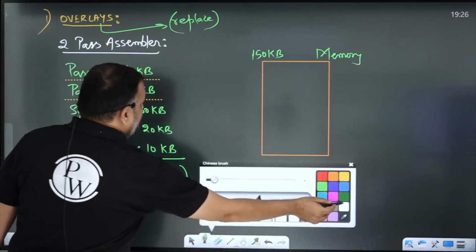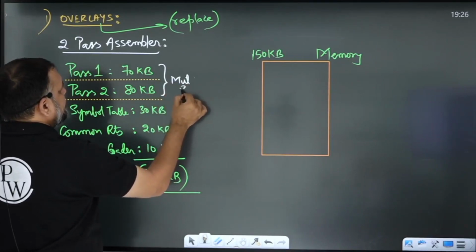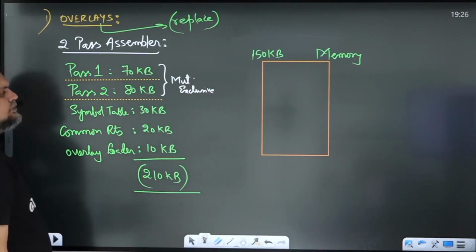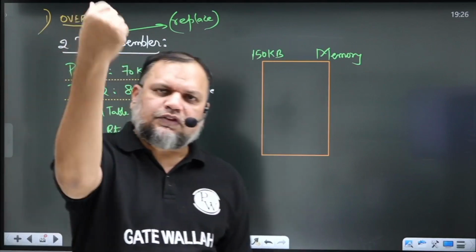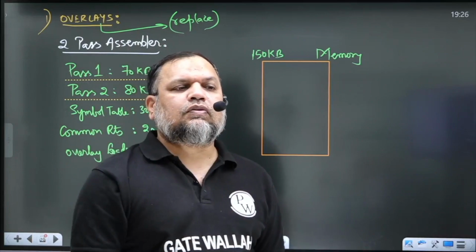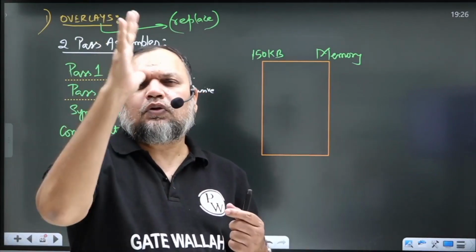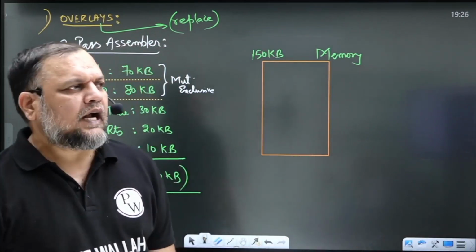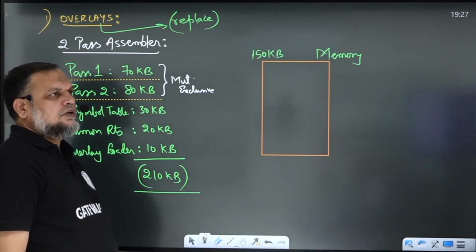That means pass 1 and pass 2, both of them are mutually exclusive. During lexical analysis, I don't require the code of syntax analysis. And during syntax analysis, I don't require the code of lexical analysis. Same way, when I'm doing pass 1 assembly, I don't require the program of pass 2, and vice versa. When I do pass 2, I don't need pass 1.